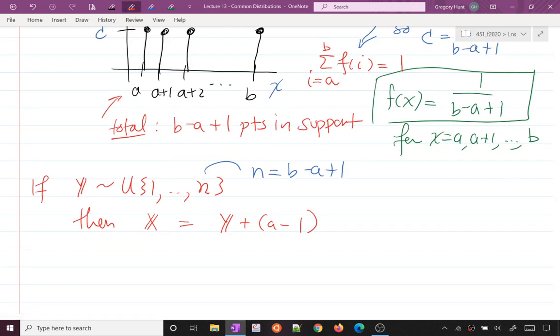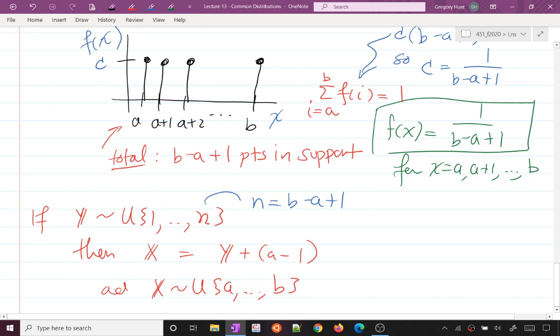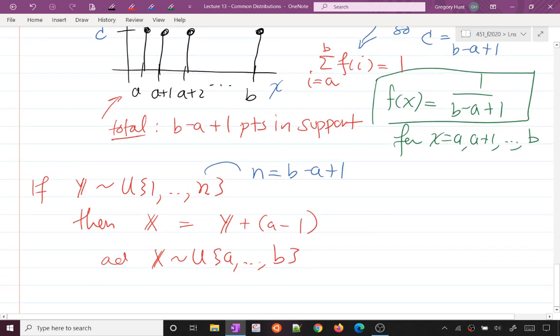So x is uniform a to b. It's basically just a shift of our other uniform. The reason I did it this way is that deriving the facts for the discrete uniform on 1 to n is pretty straightforward, and then we can just use some of our rules to re-derive facts for the general case on a to b.